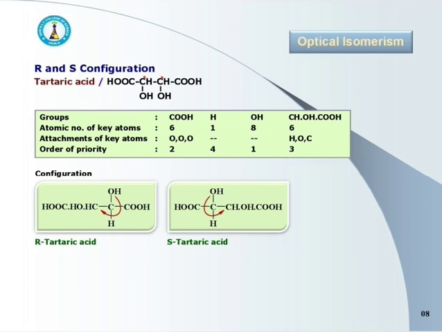The first one is R-tartaric acid, whereas the second is S-tartaric acid. In the first, the priority of other groups decreases in a clockwise direction, whereas in the second, it decreases in an anti-clockwise direction. In both, the lowest priority group, that is hydrogen, is at the bottom position.